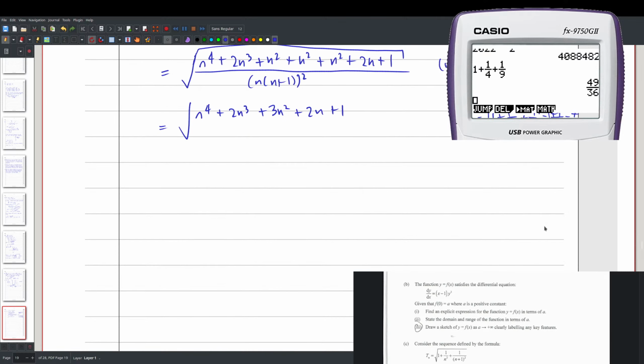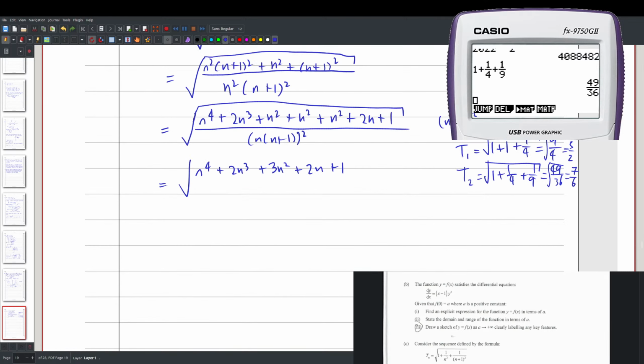Maybe try n squared plus n, because this is 7, this is 3, right? So it's always one more than the bottom. Let's try n squared plus n plus 1 squared. Oh yeah, this works out. 2n cubed plus 3n squared plus 2n plus 1, yeah. Okay, that makes sense.